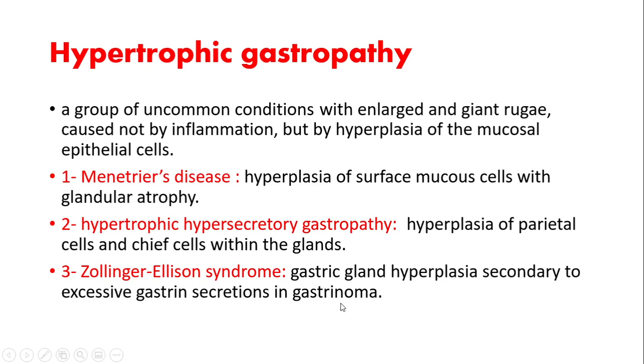The tumor continues to secrete gastrin and this will stimulate more acid secretion despite the high level of excess acid within the gland.